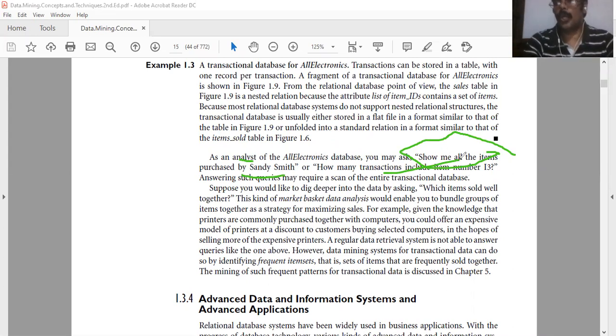Answering these types of queries may require a scan of the entire transaction table.